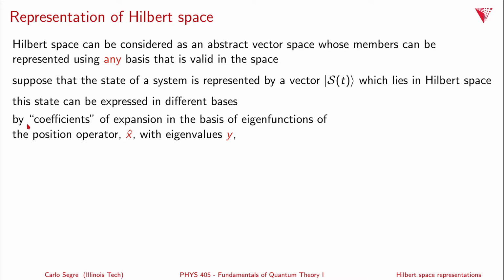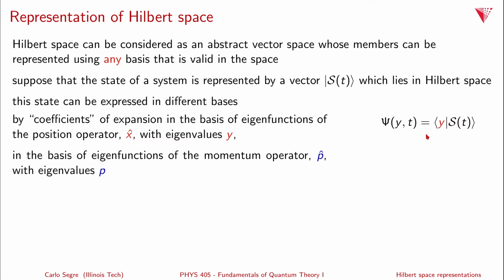We can start by looking at the coefficients of expansion in the basis of eigenfunctions of the position operator with eigenvalues y. And that's one representation. And we would write that the following way. We write that as capital Psi of y and t is equal to the bra y, ket S of t.